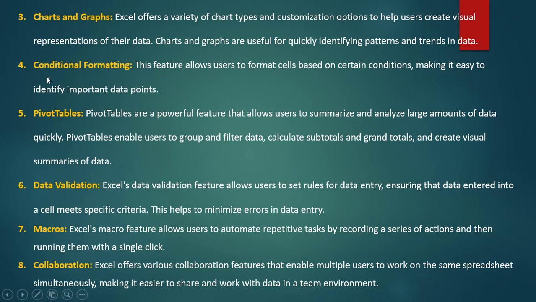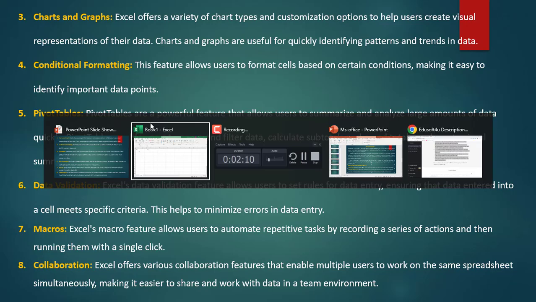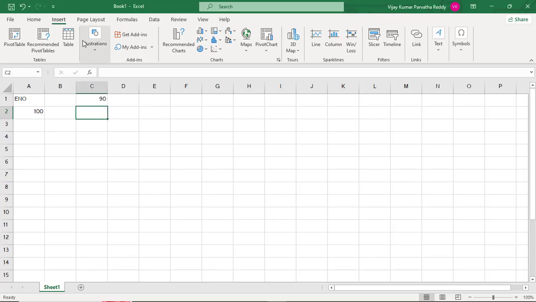And in Excel, we can format the data in the cells conditionally using conditional formatting. So we can easily identify, with different formatting of cells, what differences the data has between different cells. And here pivot tables and pivot charts are available.